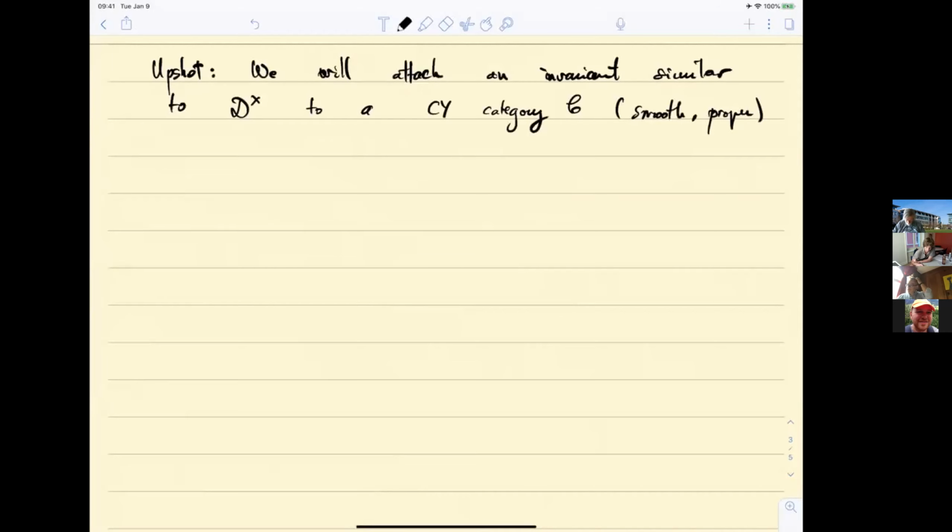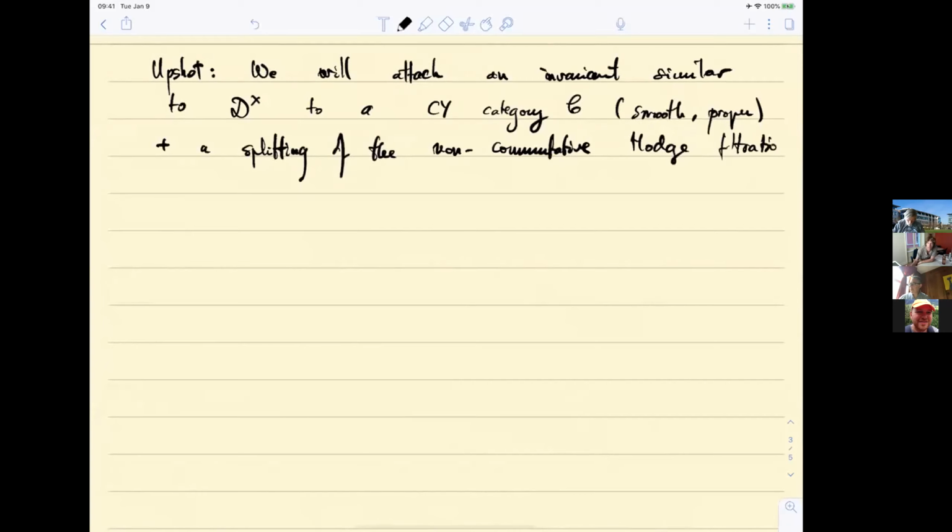If you don't know what this means for a category, it's just the analog for categories for saying that we're taking the derived category of a smooth and proper Calabi-Yau variety, not singular or non-proper. And a splitting of the non-commutative Hodge filtration.